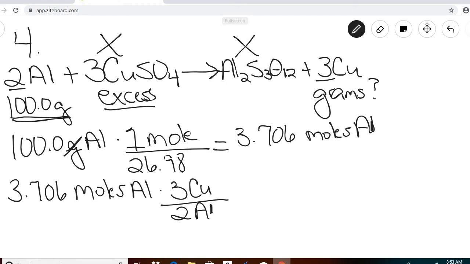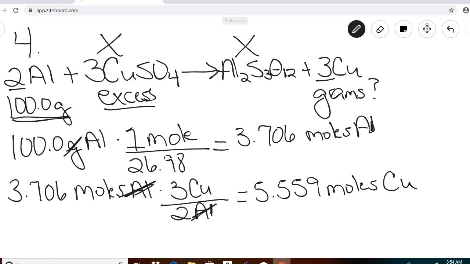So 3.706 times 3 divided by 2 will be 5.559 moles of copper. Okay, because the aluminums are going to cancel. That cancels, so you're left with moles of copper, and 4 significant figures, 5.559.